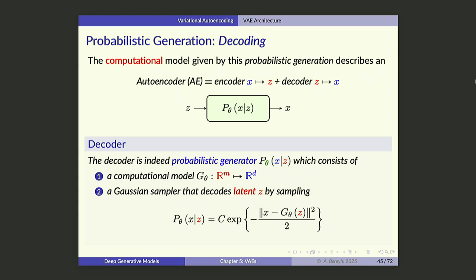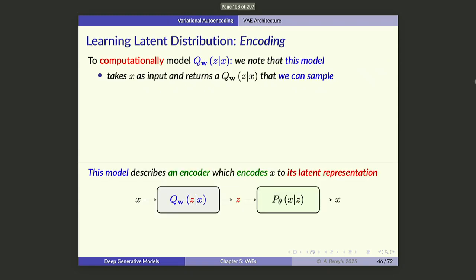Okay, so Q is essentially your encoder, because what does Q do for you? It takes one X as input, and it returns you the distribution of Z given that X, right? It's going to tell you that if your data sample is this one, your latent representation is somehow distributed in this part of the latent space.